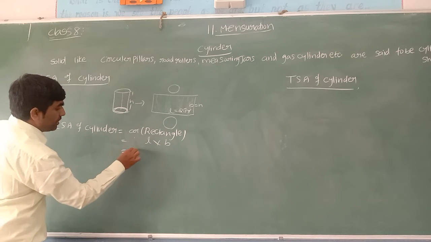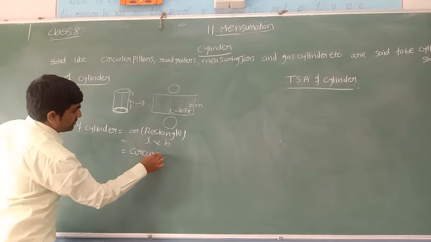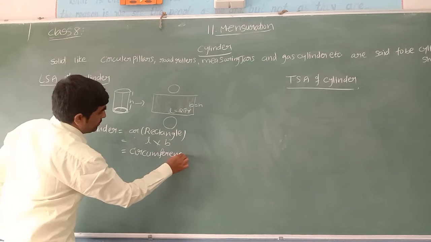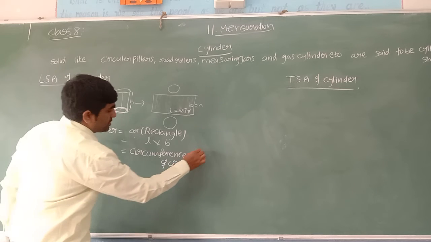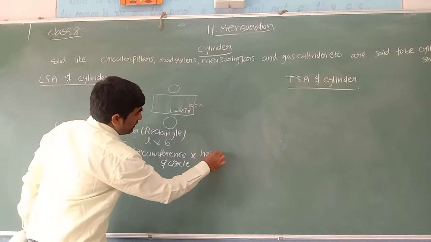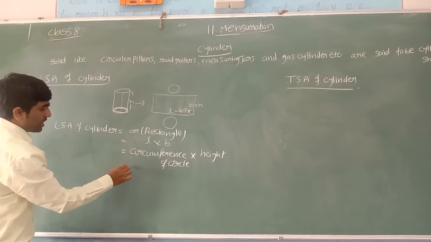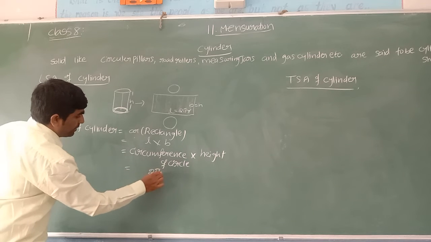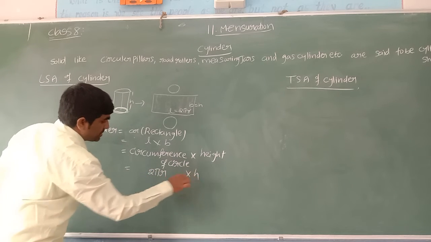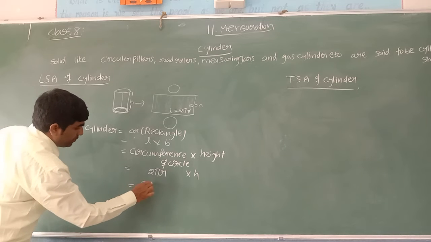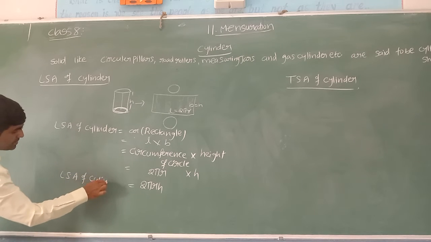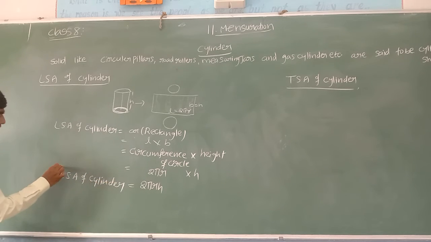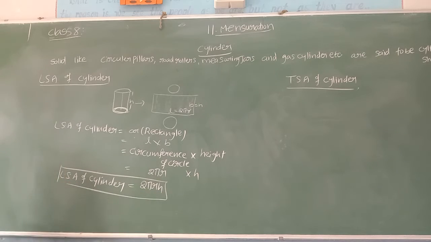The length is the circumference of the circle, 2 pi r, and the breadth is the height of the cylinder, h. So the formula is 2 pi r h. LSA of cylinder is 2 pi r h.